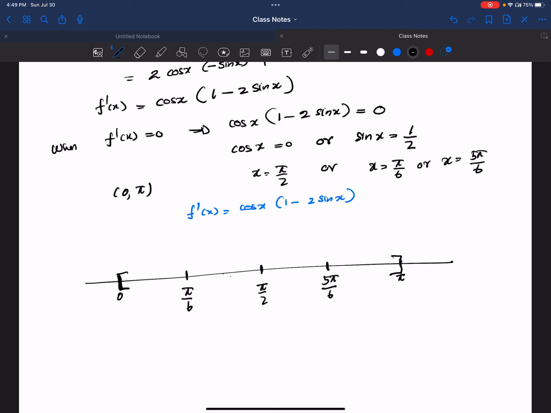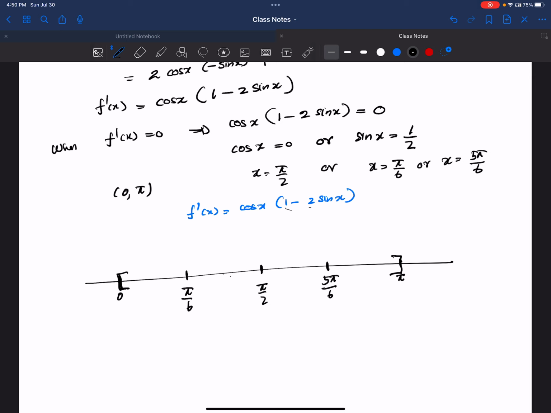I would try some value like pi over 12. Then the cosine value is positive, and the sine value is always less than 1, so 1 minus 2 sine x is positive in that region.